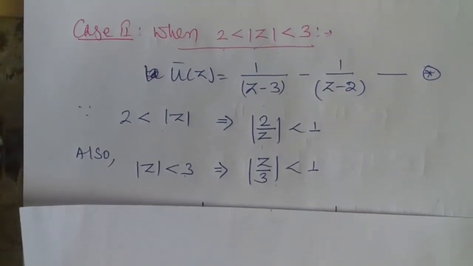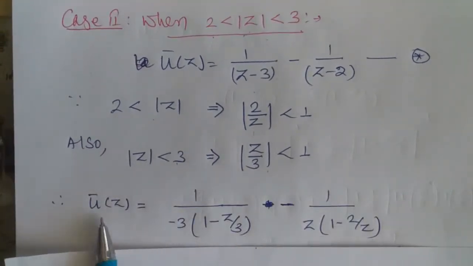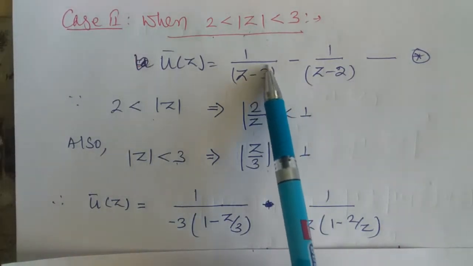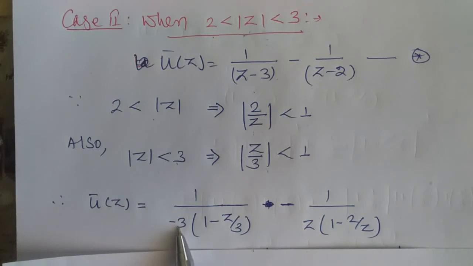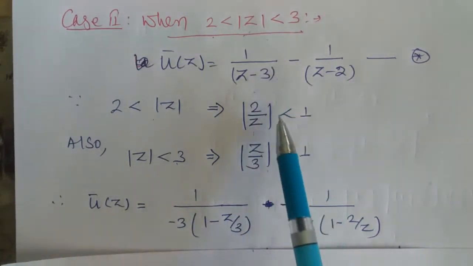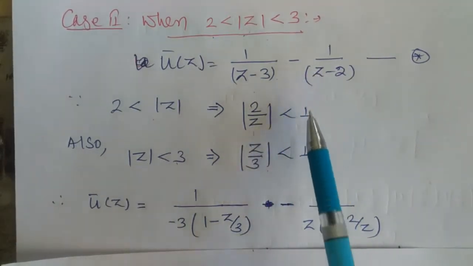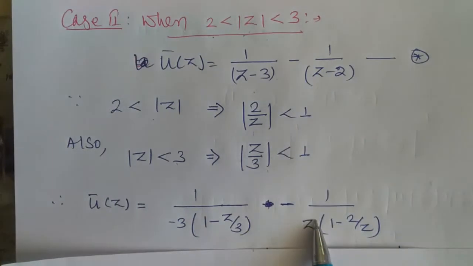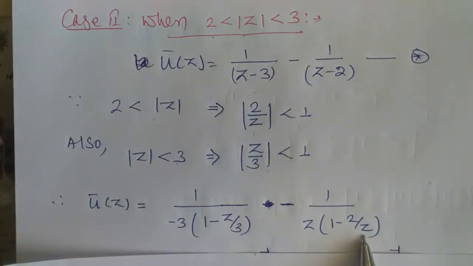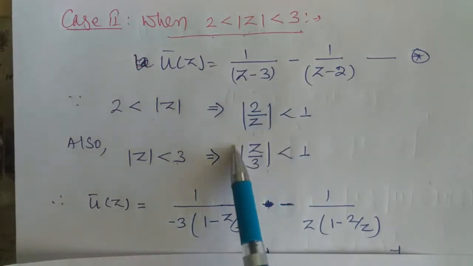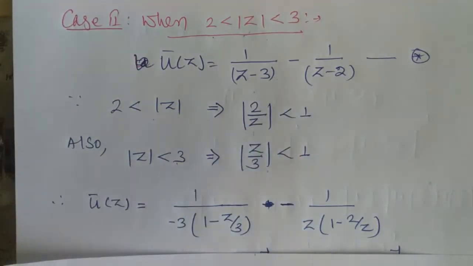Therefore, we write u bar Z. So, for Z by 3, we take minus 3 common. Then we get 1 minus Z by 3. And minus here for 2 by Z, we take Z common from denominator. Then we get 1 upon Z common. Then 1 minus 2 by Z. So, we express these two expressions in terms of Z by 3 and 2 by Z.